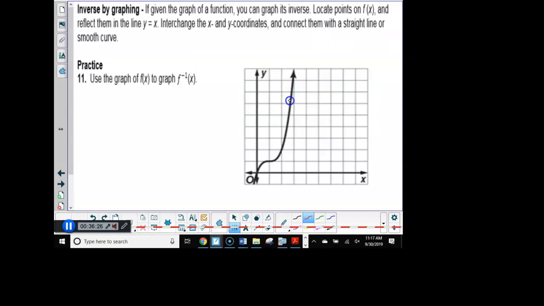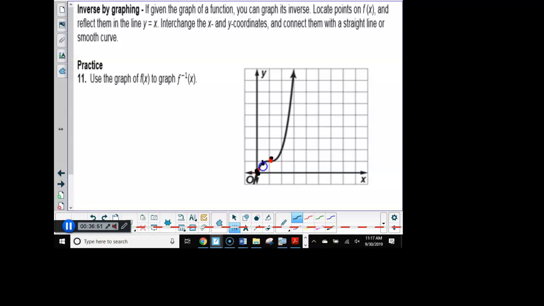So our job is to graph the inverse of this. Ugh. This is kind of painful because it goes through 1, 1 and 0, 0. What are the inverses of those 2 points? Yes, 1, 1 and 0, 0. That's not a really big help. But if you picked something in here, like 1/2, it's almost up to 1.